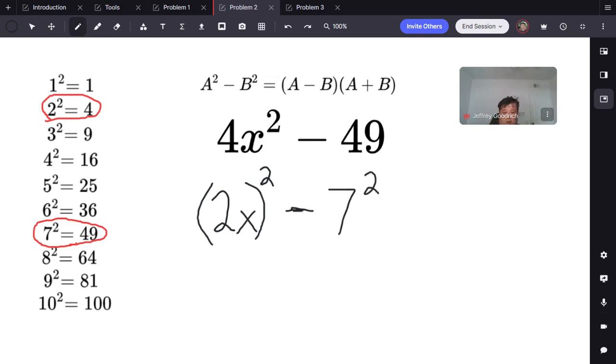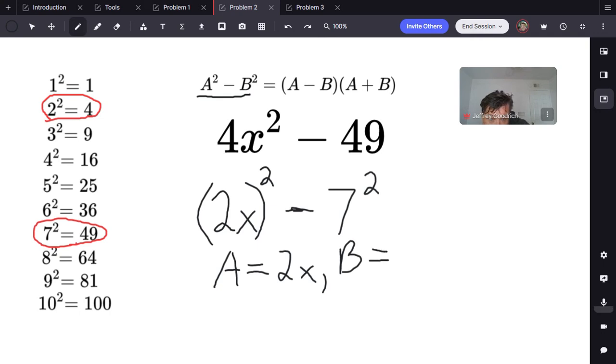Awesome. And now we have it written in this form. We have the a squared minus b squared. So we're just going to go ahead and identify what our a and b are. Our a is 2x, and our b is just going to be 7 because that's the last thing being squared. Awesome. All right.